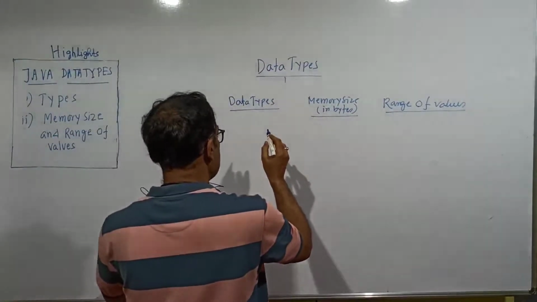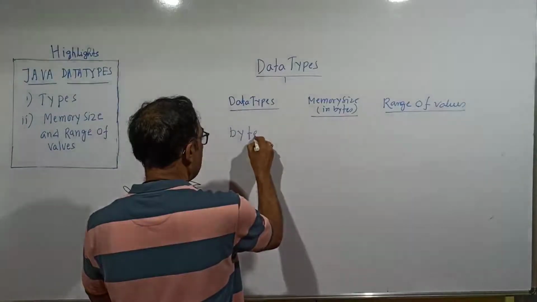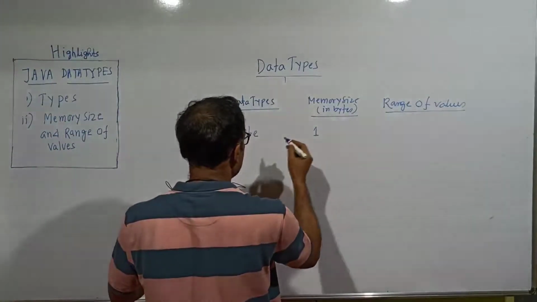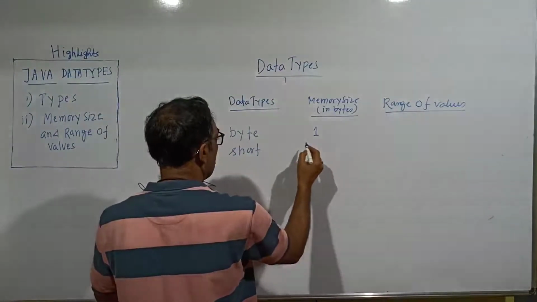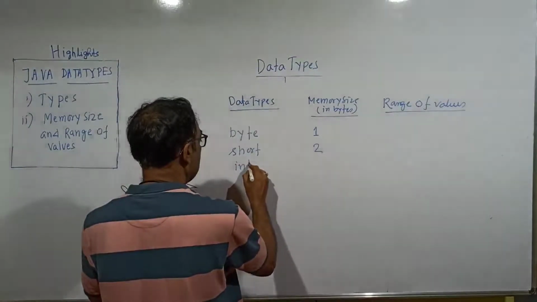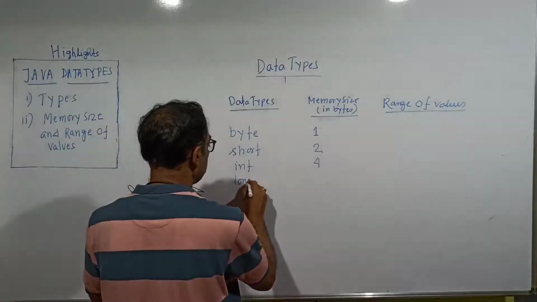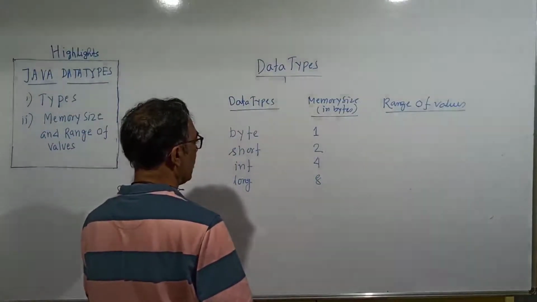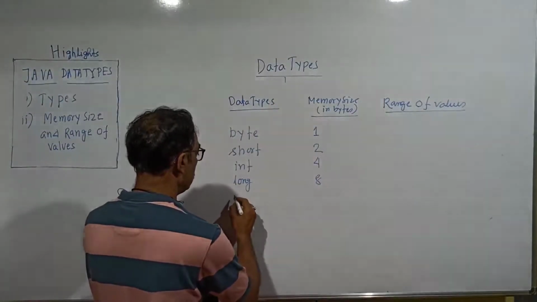First you have byte. It has a memory size of 1 byte. Then you have short. It has a memory size of 2 bytes. Then int 4 bytes and long 8 bytes. Then we have float.